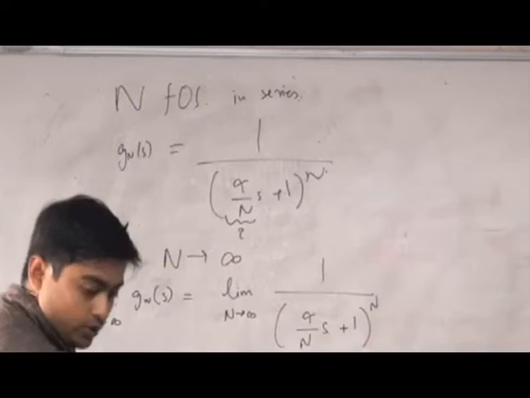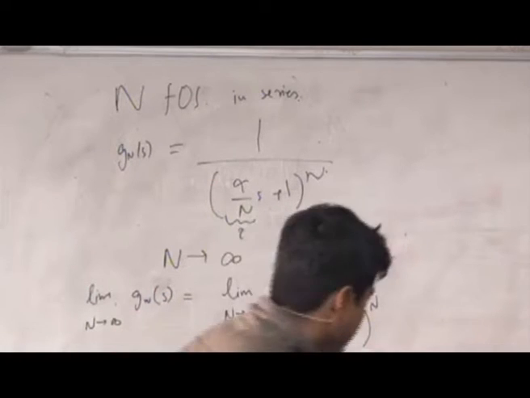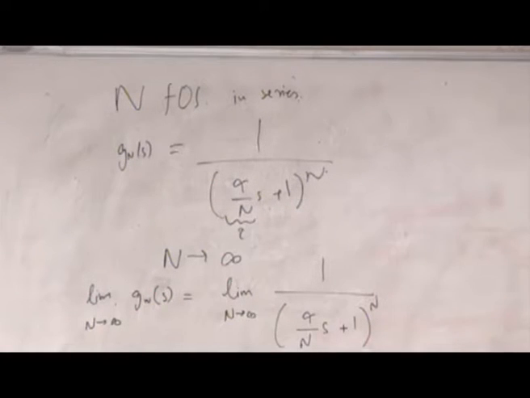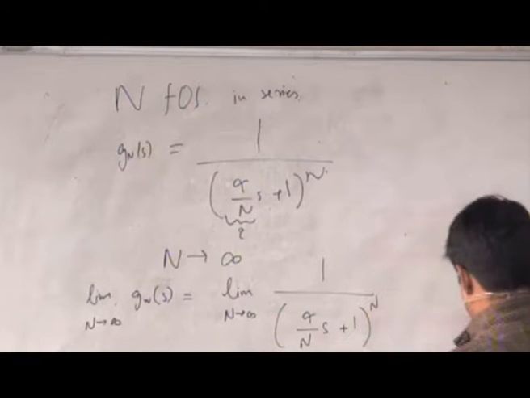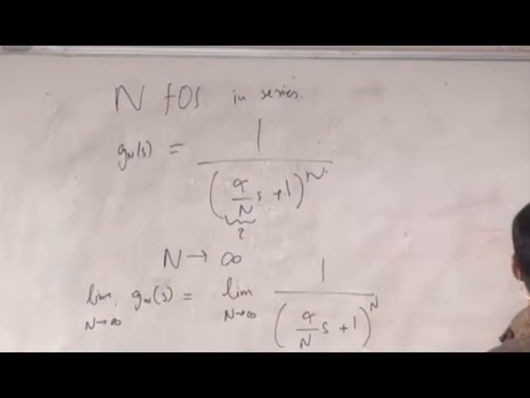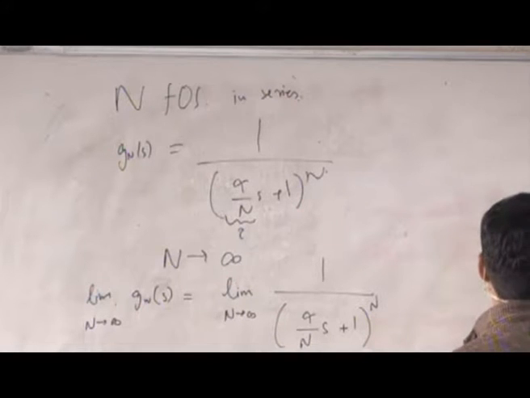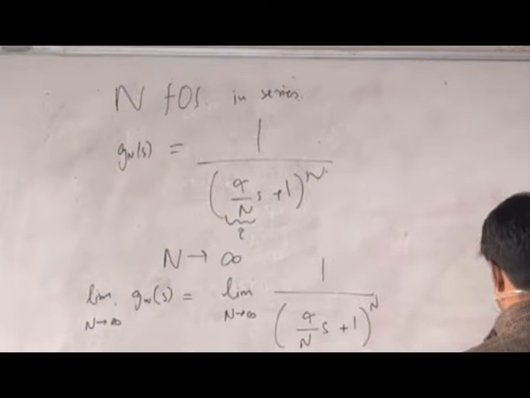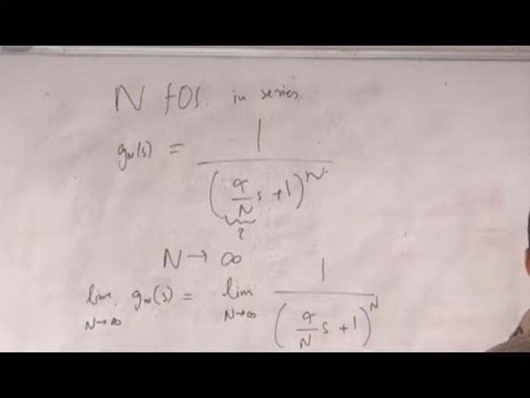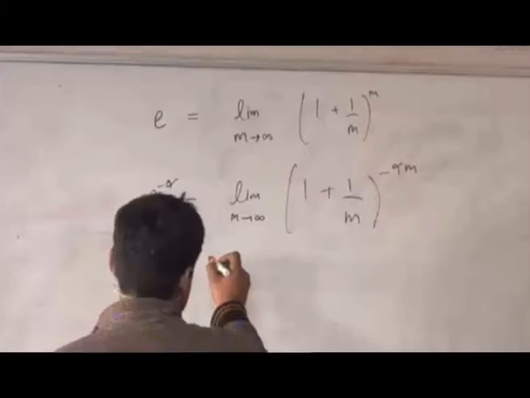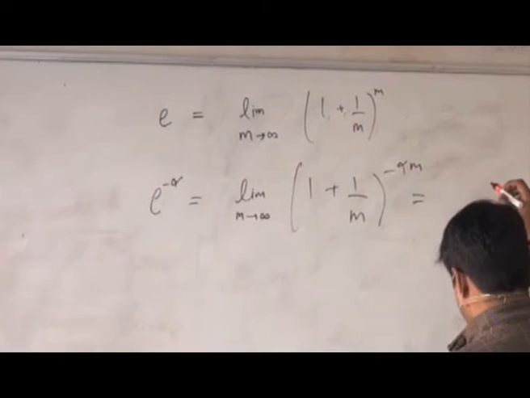Now try to recall your first year engineering mathematics, that your exponential term is defined by this limit, and if I take the power of minus alpha, it would give me this, and I could write it also in this way.